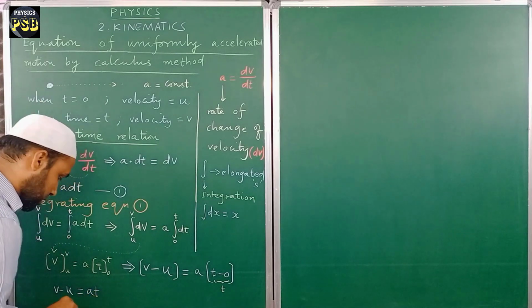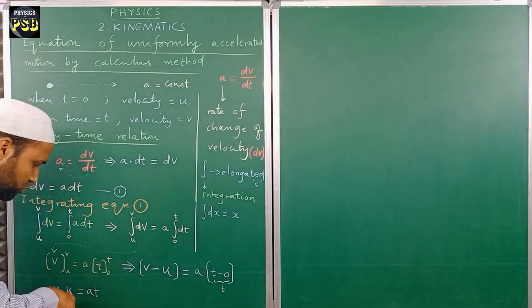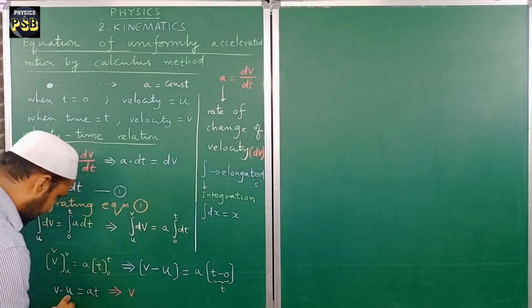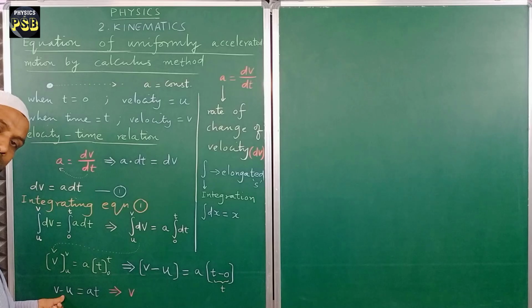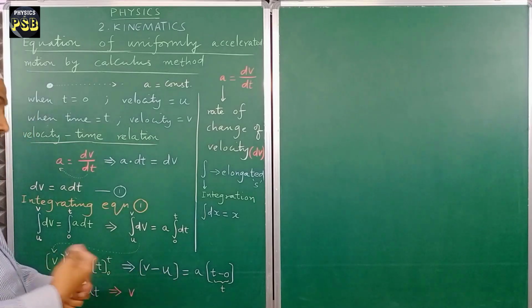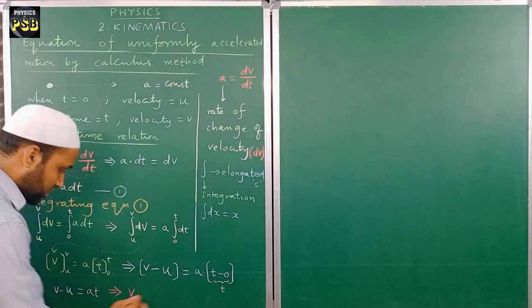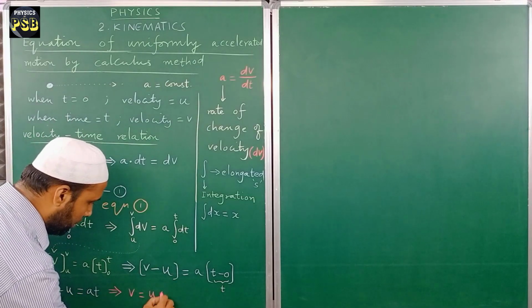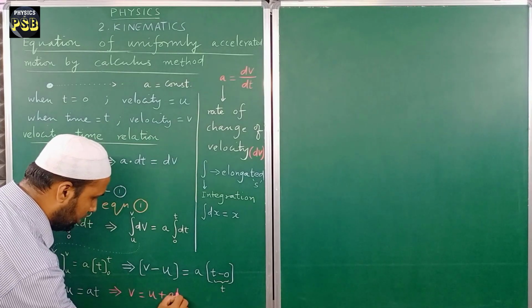The next, the final equation I obtain is v. I take u that side. Here we have minus u. When it is taken to the other side, it will get added to the term present here. So v becomes equal to u plus at.